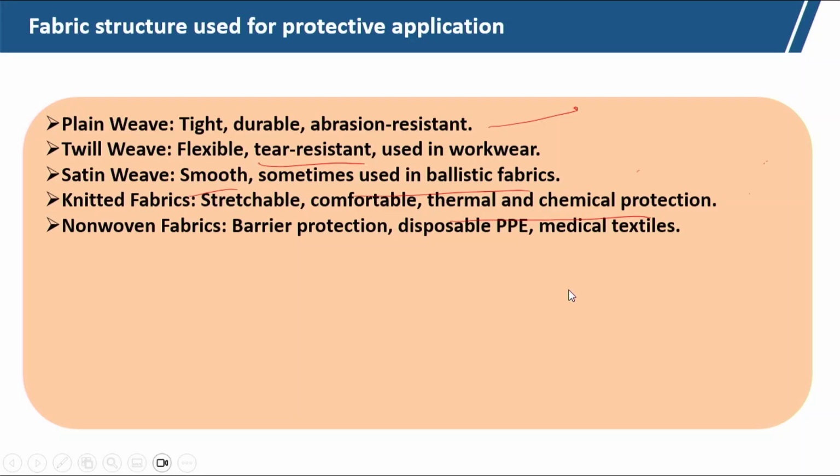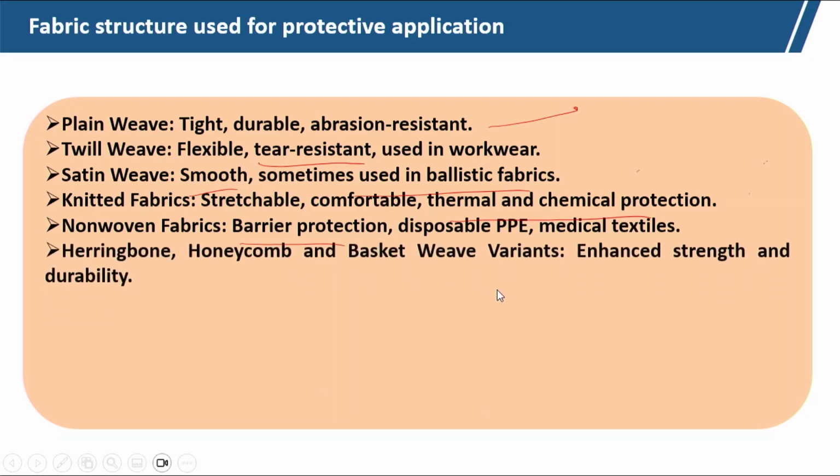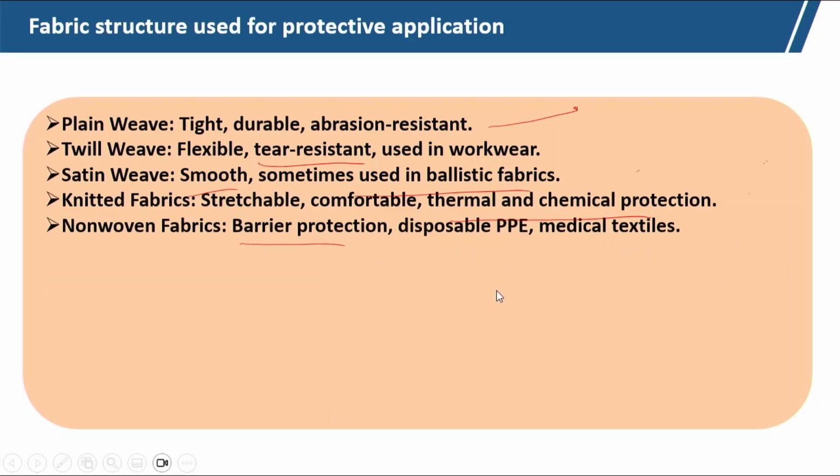Non-woven fabrics are basically for barrier protection, disposable PP, medical textiles, filter fabric. Non-woven is the fabric which is directly manufactured from the fiber, so there is no need of a separate spinning process.